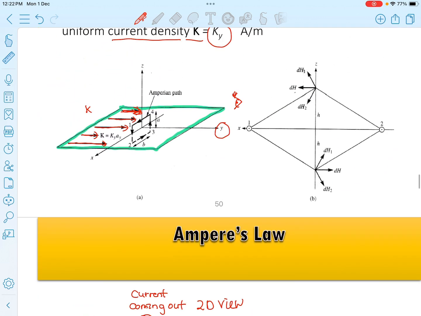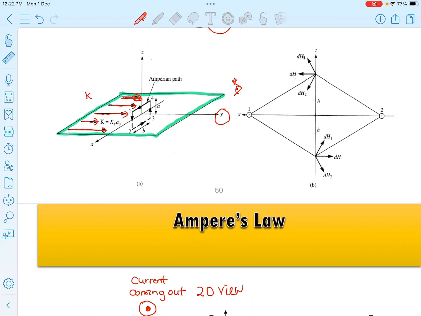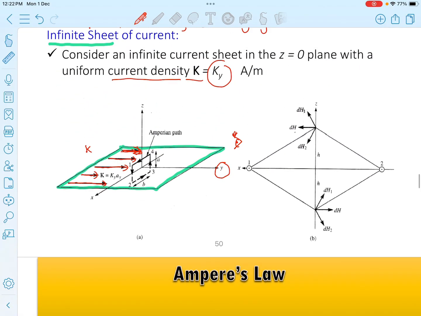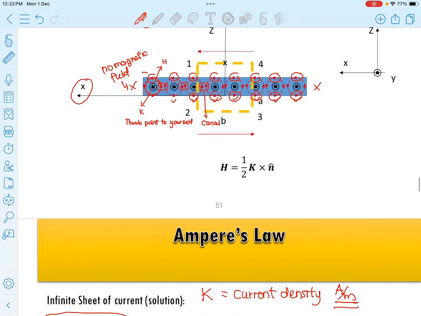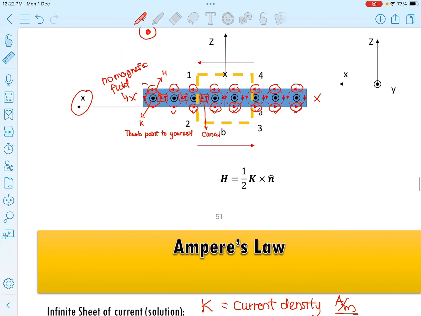This tells us how many amperes of current there are in 1 meter. If we want to relate it with the size of the planar, let's say I form an Amperian path over here, because I want to find the magnetic field here.